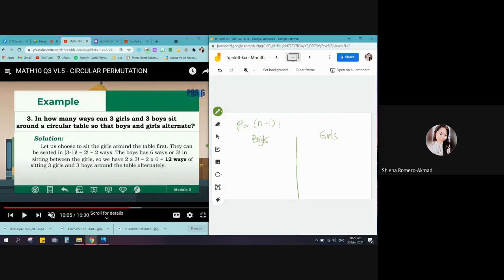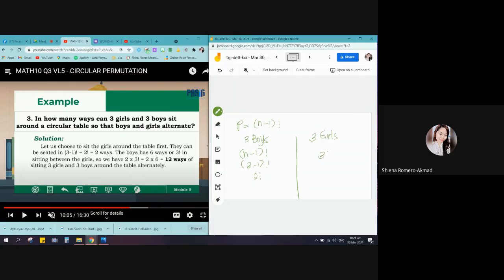Pag nagbawas ako sa kanya ng isa, tatlo sila, di ba? Tatlo din yung girls. So my solution would be n minus 1 factorial, and that's 3 minus 1 factorial, 2 factorial. Well, sa 3 girls, kapag na-arrange ko na yung 3 boys, as is na sila. I don't have to assign a starting point kasi meron akong starting point dito kay boys.